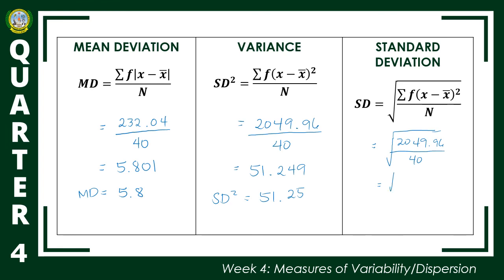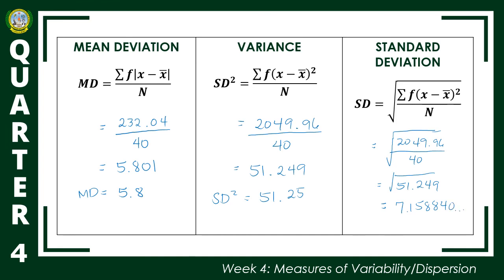So, yun po yung ating kukuhanan ng square root. So, what is the square root of 51.249? So, let us get that one. Ayan. So, according to our calculator, it is 7.15884, etc. Okay?